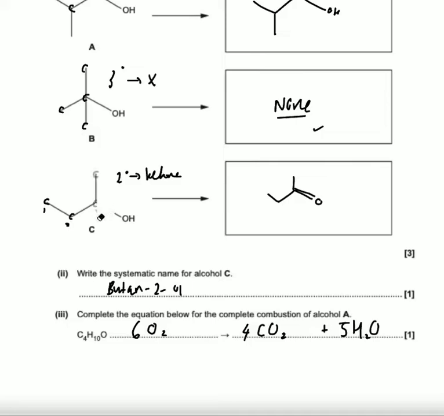Therefore, we have to count in the opposite direction. So it's 1, 2, 3, 4. So I've got the longest chain of 4 carbons, and I've got the smallest number possible attached to the alcohol. So 4 carbons is butane, and we have to state where the alcohol group is attached, so the second carbon, so it's butan-2-ol.